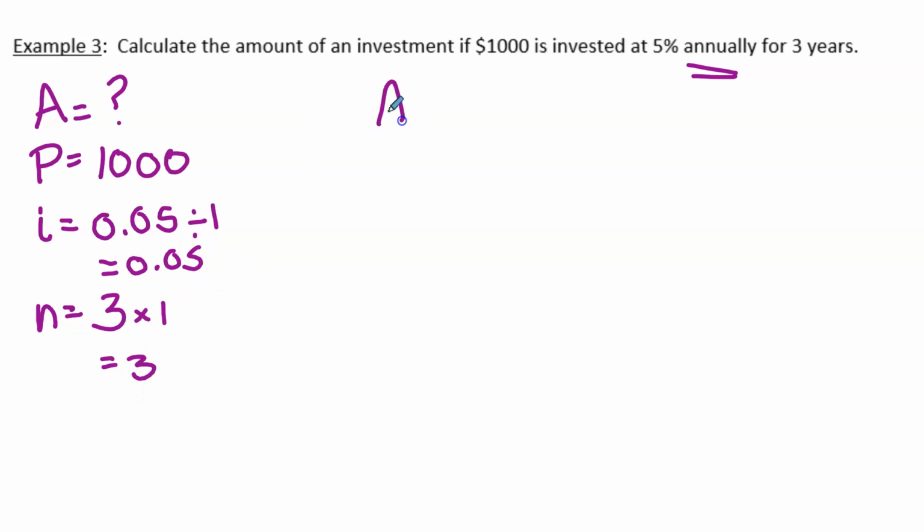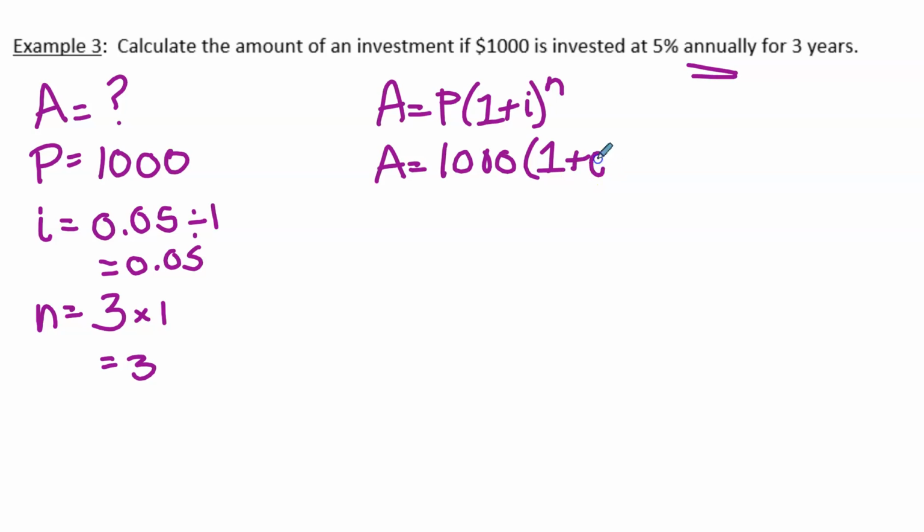So now we're going to go to the equation. Okay, we'll plug in all that we know. So 1,000, 1 plus 0.05 to the power of 3.